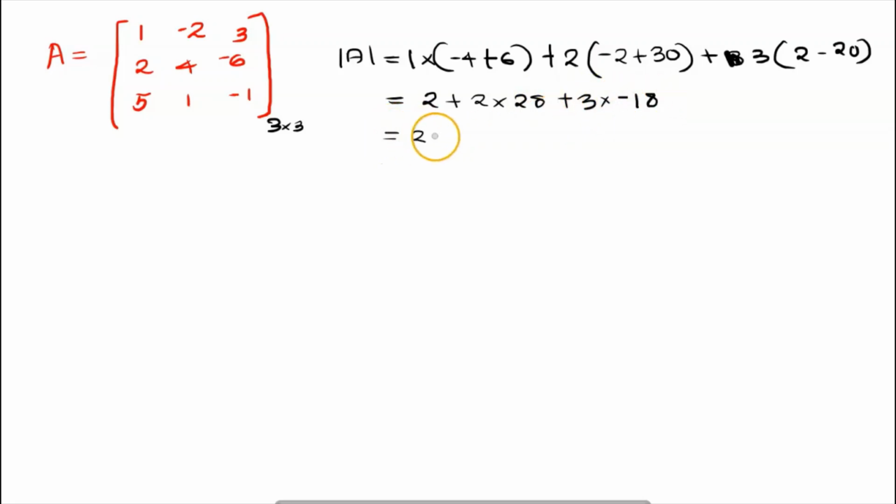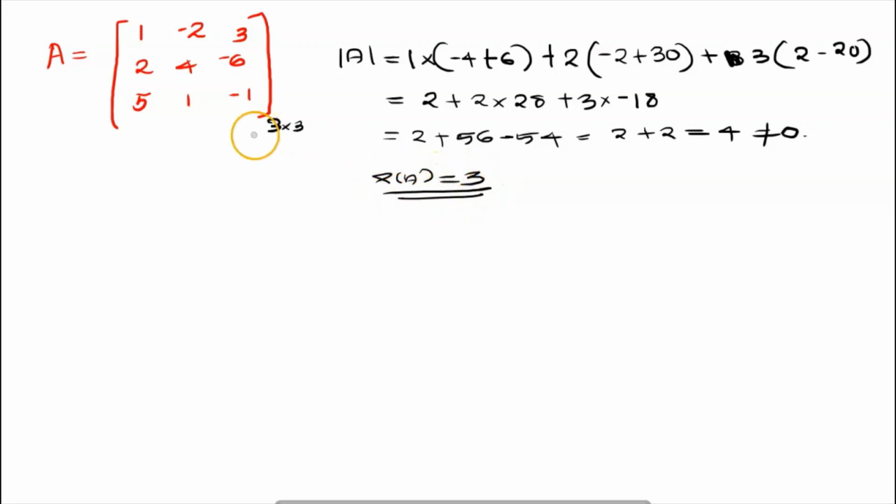So 2 plus 28 into 2 is 56, and minus this is 54. So 2 plus 2, this is 4 and it is not equal to 0. So determinant is non-zero. That means rank of this matrix is full rank, 3. So we get full rank 3.